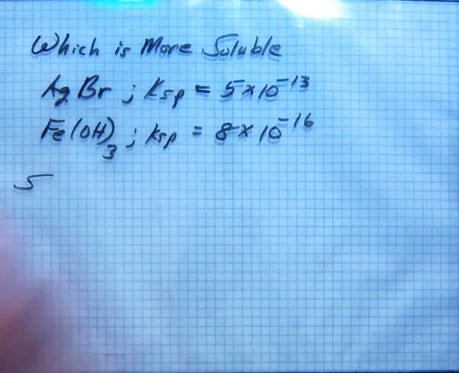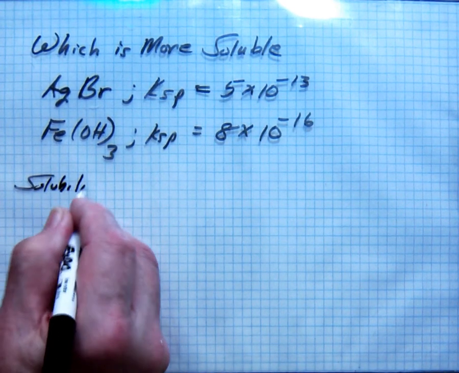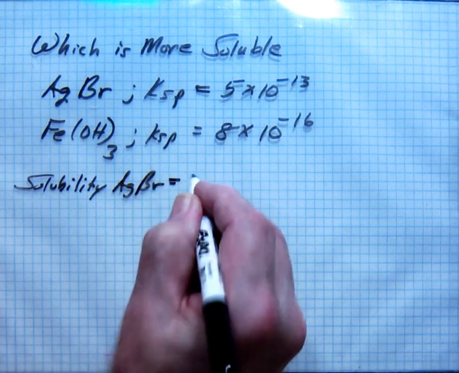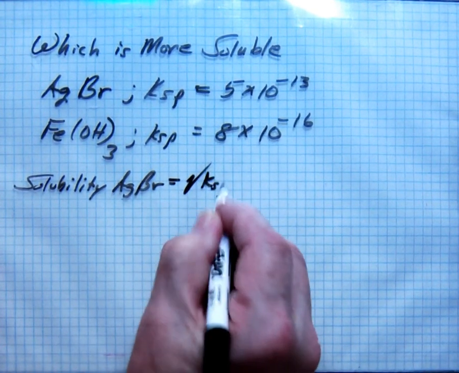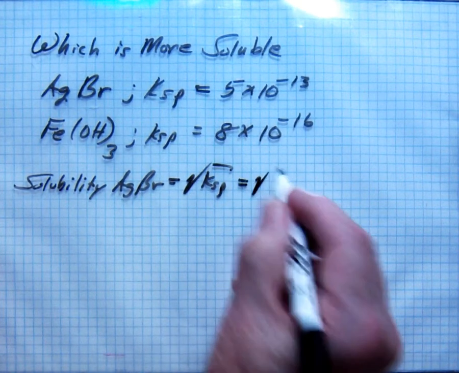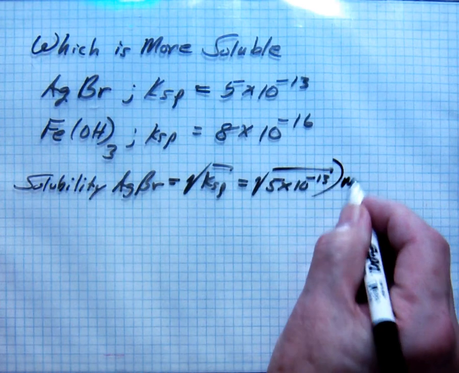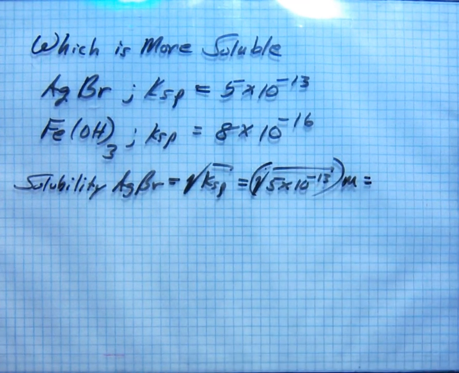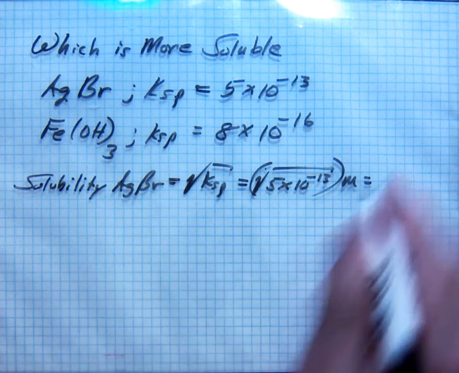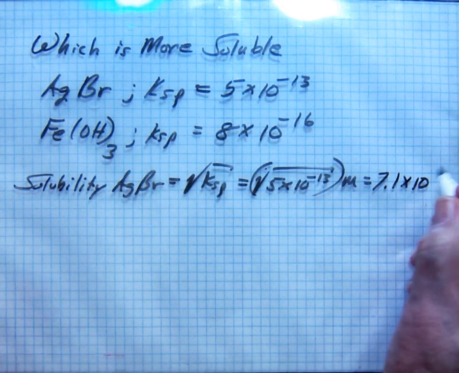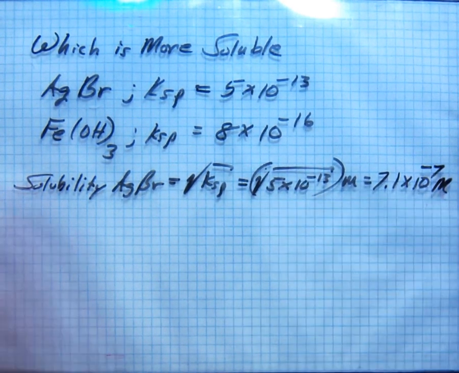Of each one. So the solubility of silver bromide is equal to simply the square root of the KSP number, which is the square root of 5 times 10 to the minus 13 in moles per liter. That is 7.1 times 10 to the minus 7 mole per liter.